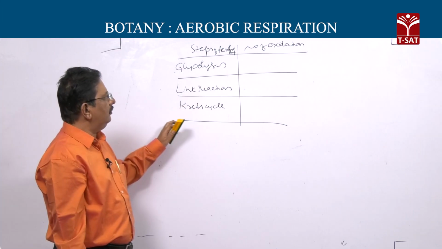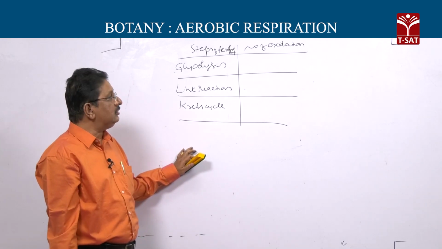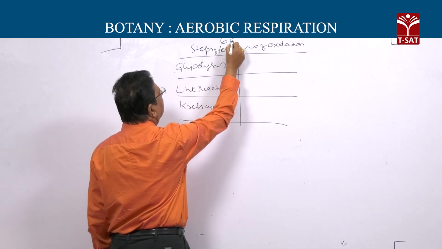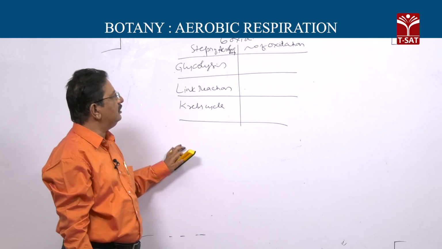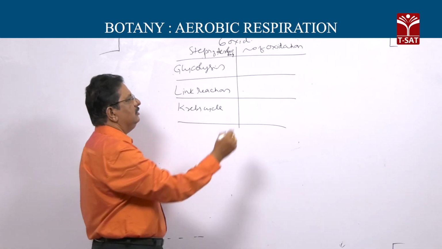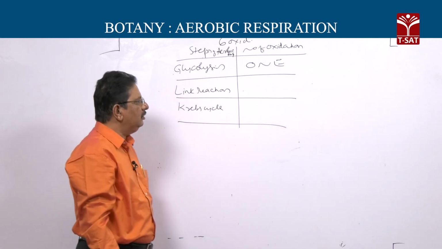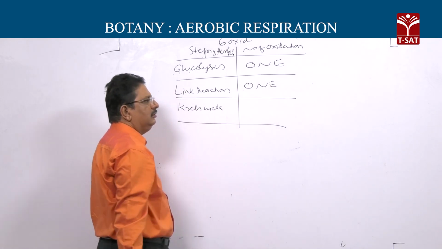We have already discussed the term aerobic. So, there are 6 oxidation steps altogether in aerobic respiration. Let us see where these oxidation steps occur. During glycolysis, there is only one oxidation. In the link reaction, one more oxidation.